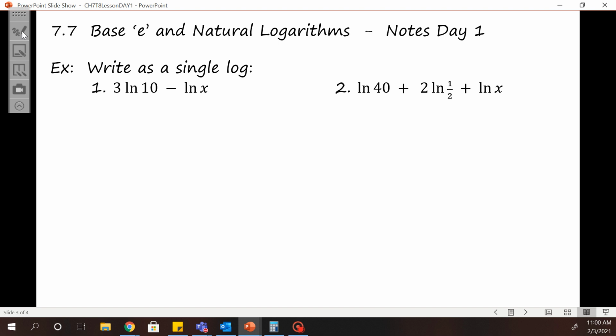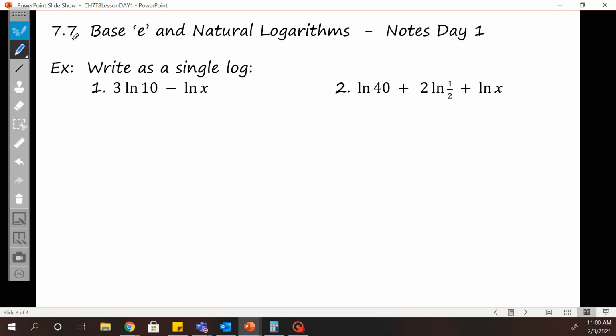We can also use the properties of logarithms for a natural log. Okay, so we can use the properties, the quotient, product, and power properties with a natural log as well. So for instance, we have 3 times the natural log of 10 minus the natural log of x. Well, remember, if we have a coefficient on the outside, it can just become the exponent.